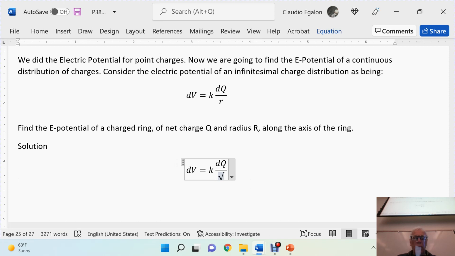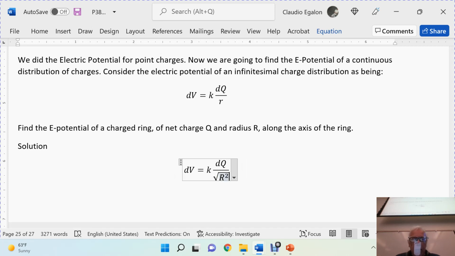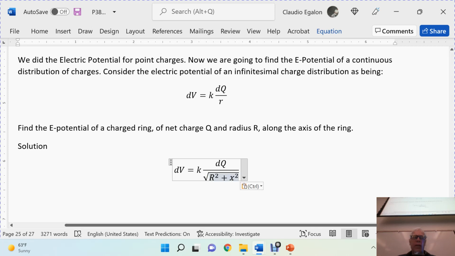I don't like this square root, but I'm going to use it anyway. Let me see if I can extend it. Yep, it does extend.